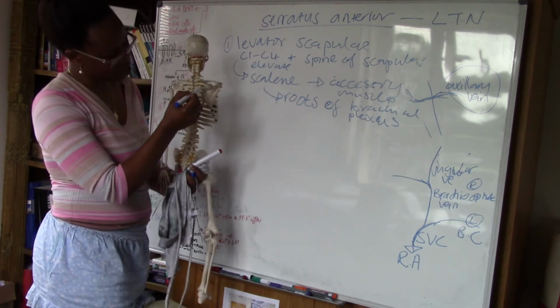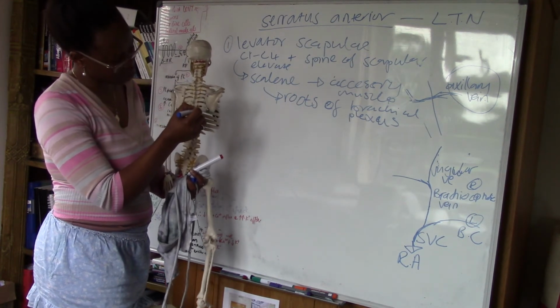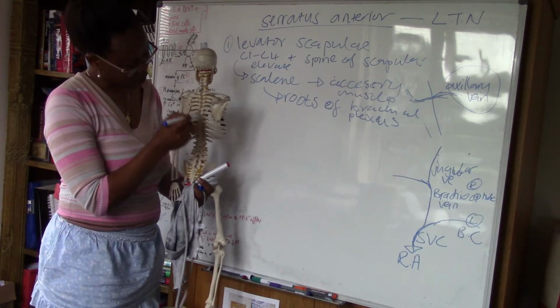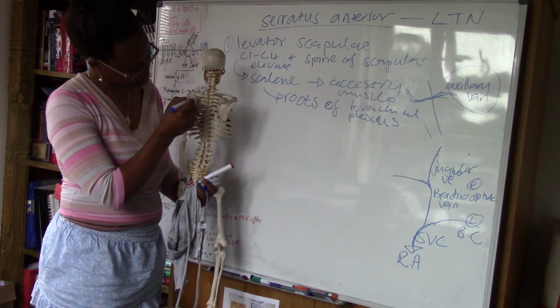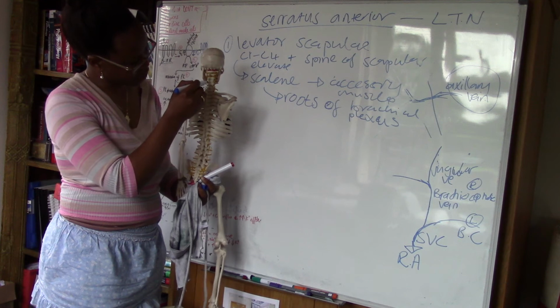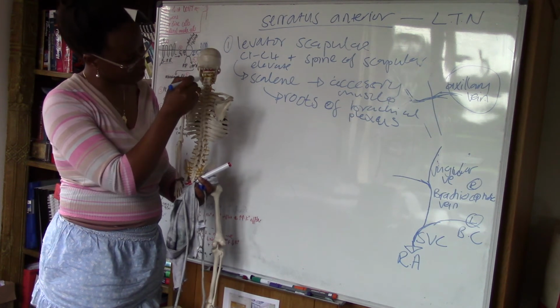And then we also have the rhomboids, which are attached onto the medial borders of the scapula, and the cervical and first thoracic vertebrae.